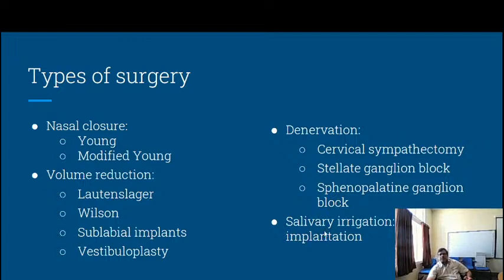Now, salivary irrigation, therapeutic duct: sometimes if you are trying to provide humidification to the mucous membrane, this is done by diverting the duct, Stensen's duct, into the maxillary sinus.